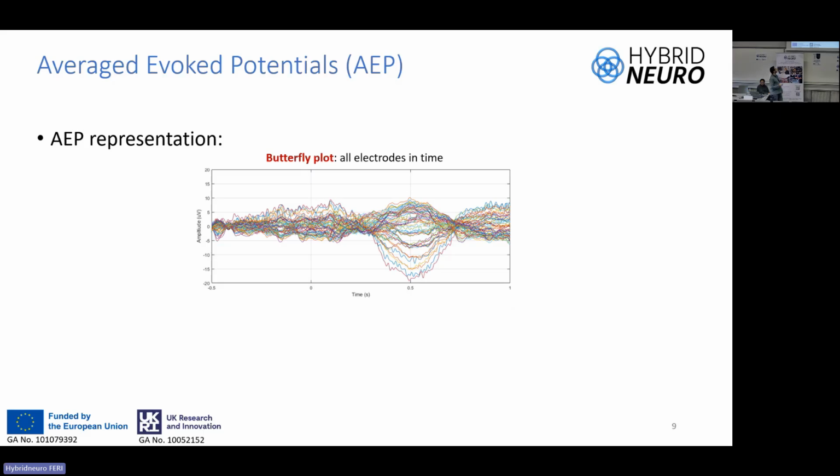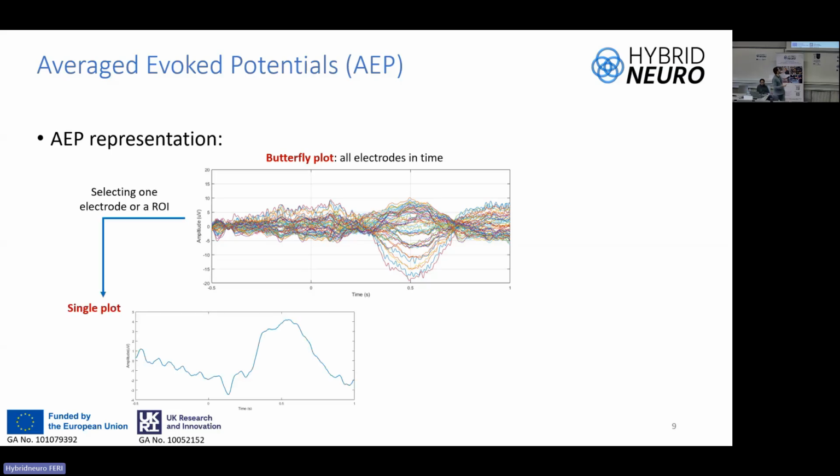How can we represent this kind of average potentials? You have a butterfly plot in which we have a representation of the amplitude of this potential along the time for all the channels. So we can select only one electrode or even a region of interest, averaging more than one electrode, and you can obtain a single plot, where this is the amplitude and this is the time.